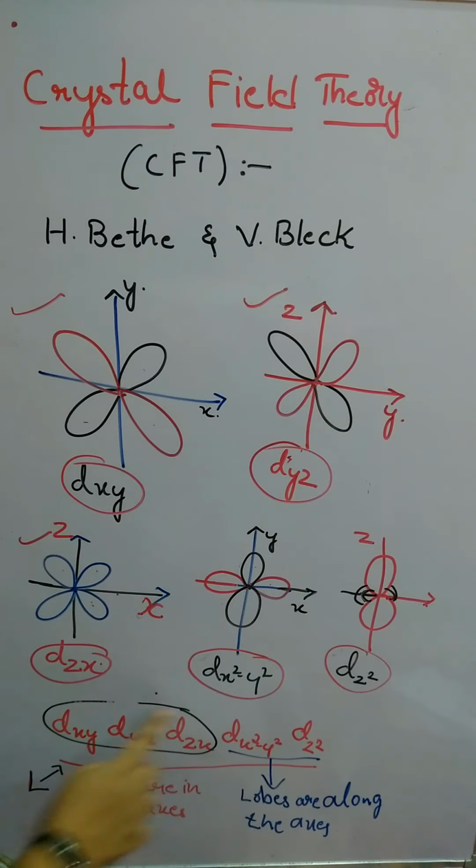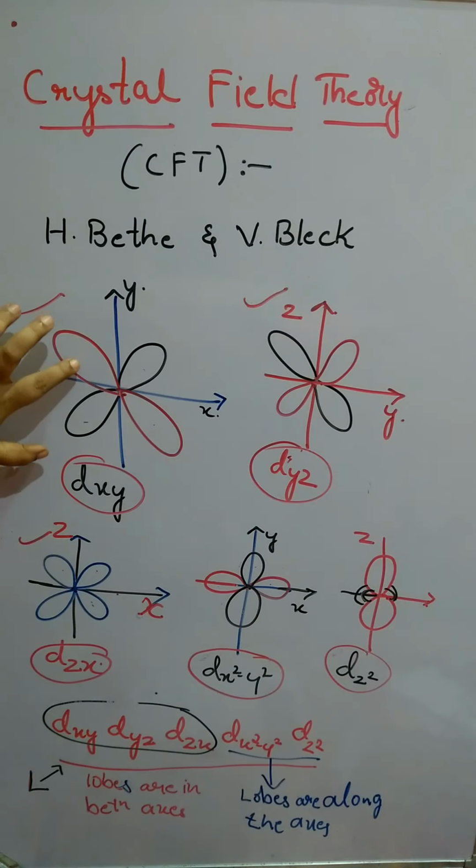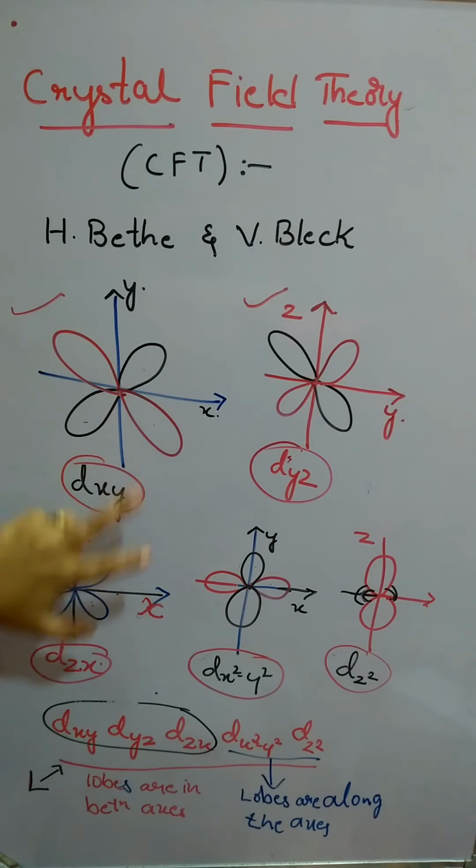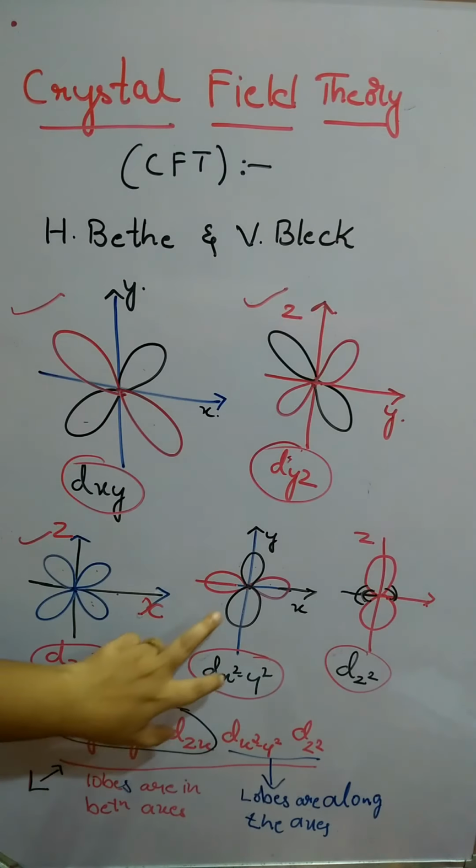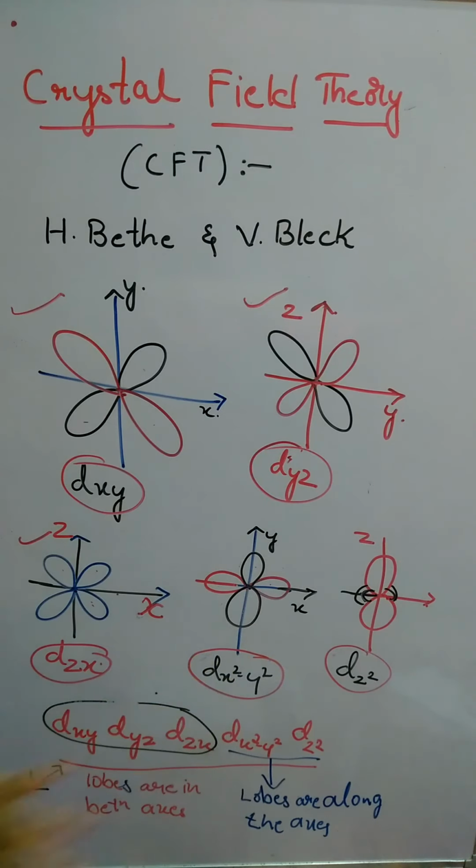These three orbitals, dxy, dyz and dzx, will lie in between the axes, and here you can observe the orbitals lie along the axes.